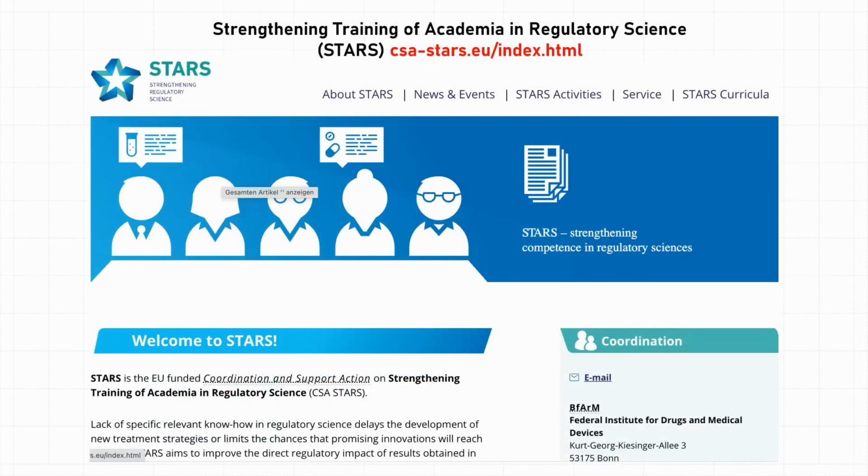And that initiative is exactly dealing with the topic that I've been talking about: strengthening the training of academia in regulatory science. And they have actually funded this. The short term is STARS, for strengthening training of academia in regulatory science.